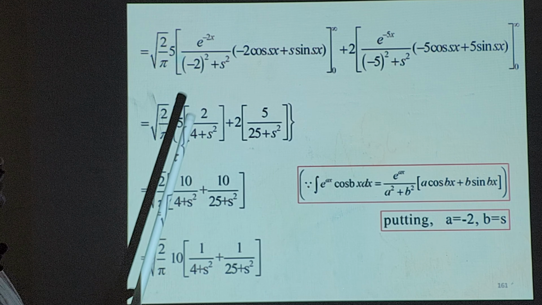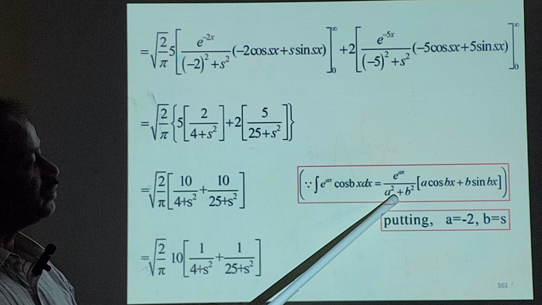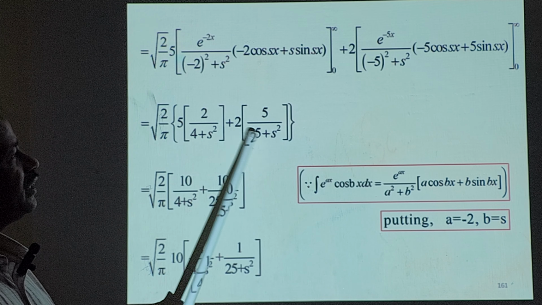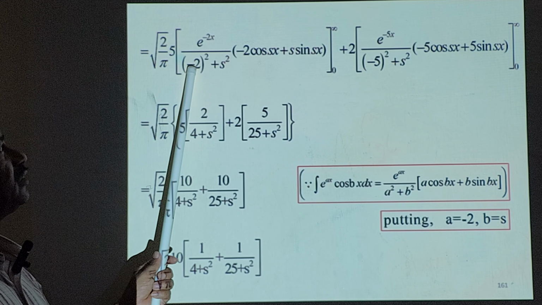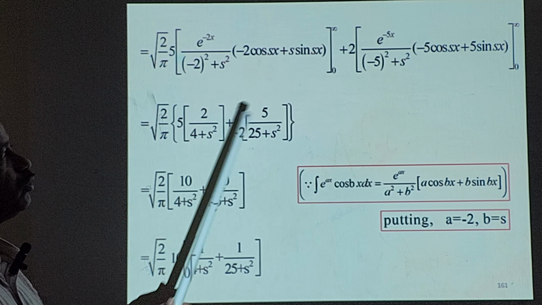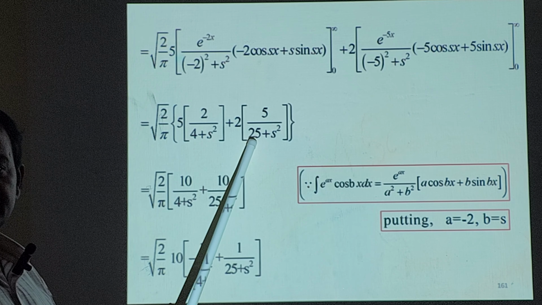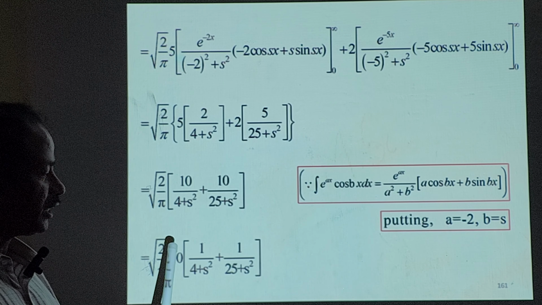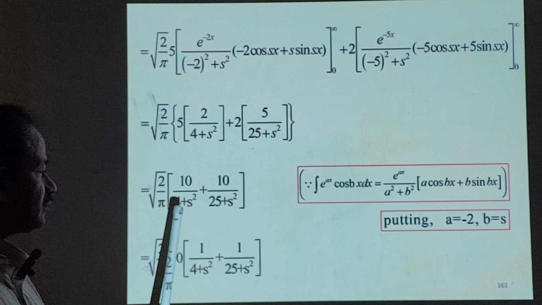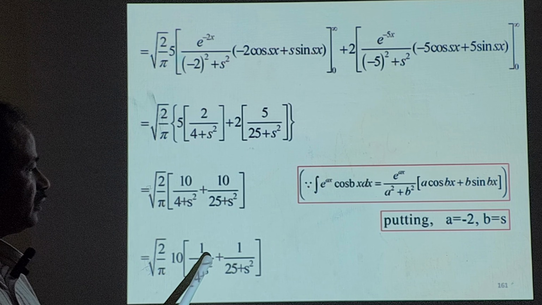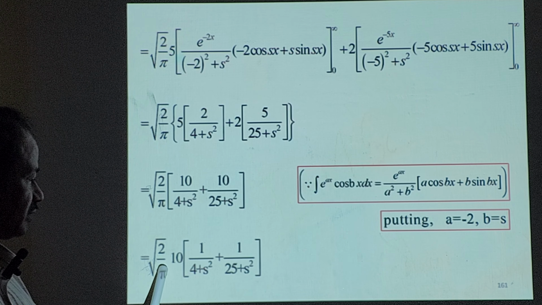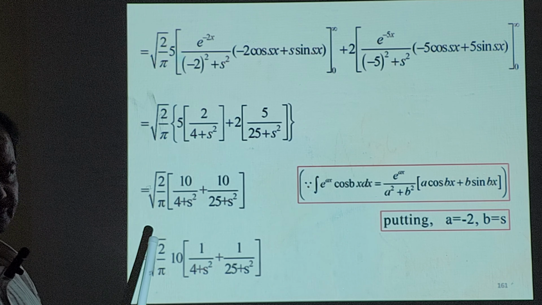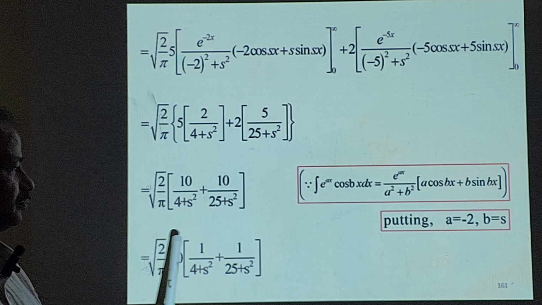So using this formula and applying this term, we will get exactly like this. Minus 2 square gives us 4, minus 5 square gives us 25. 5 2s are 10, here 2 5s are 10, we can pull 10 out. So that will give us 1 divided by 4 plus s square plus 1 divided by 25 plus s square, times root of 2 divided by pi times 10. Okay, that is the answer.